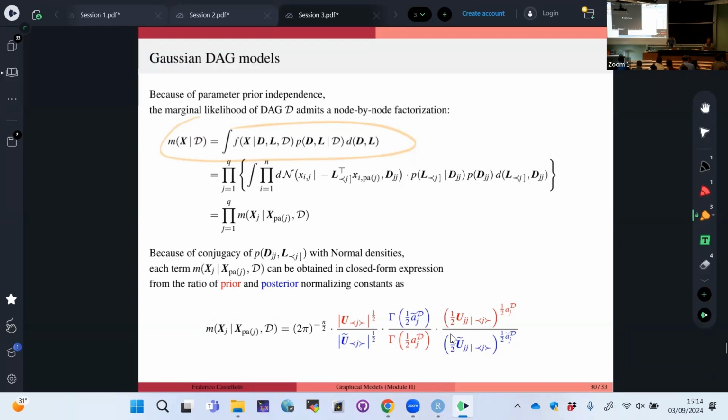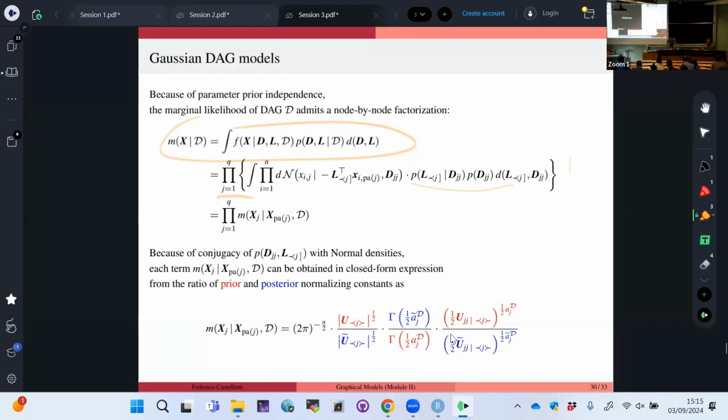Now, if we write both the likelihood function and the prior using the node-by-node factorization that we wrote before, the product j from 1 to q, we will end up with this kind of expression, where each term j is a product i from 1 to n of normal densities, times a prior of this form, which is a multivariate normal inverse gamma prior.